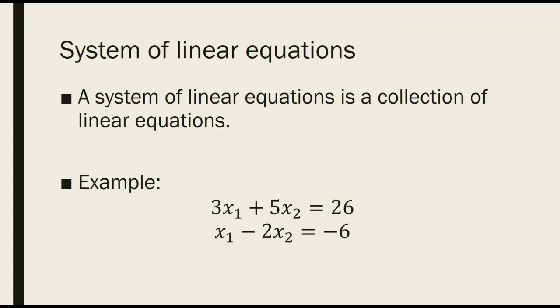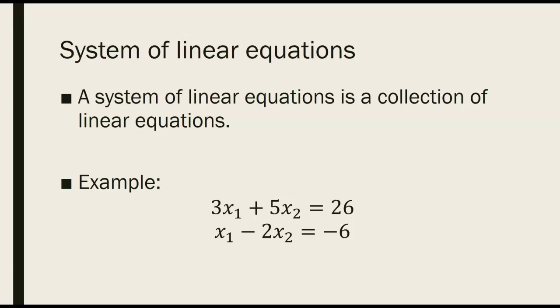Again, most of you probably have seen that before. Now we're going to go straight to a system of linear equations, which basically just means that we're going to have a bunch of linear equations together. A collection of linear equations that we treat as one big object.